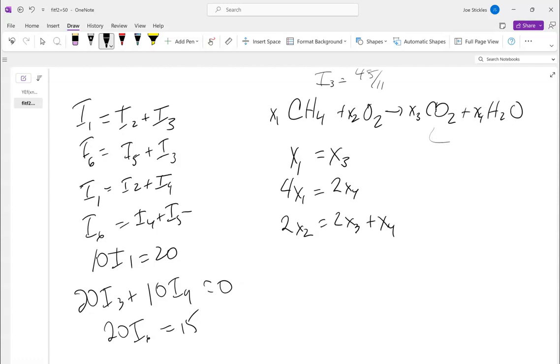All right. If we put everything in standard form, or at least in a form that we can write our matrix, we've got x1 minus x3 equals 0, 4x1 minus 2x4 equals 0, 2x2 minus 2x3 minus x4 equals 0.